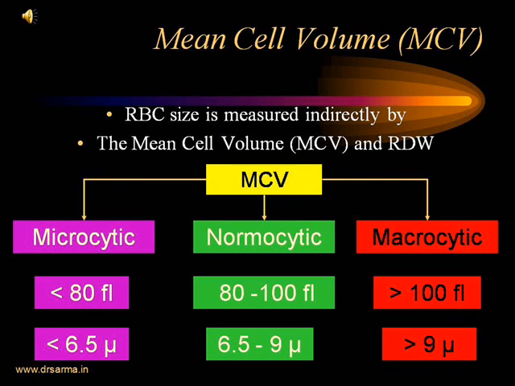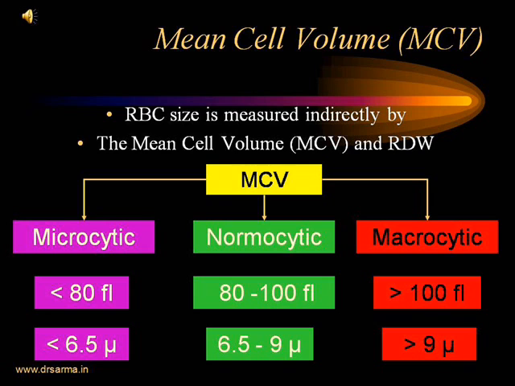Now, let us look at mean cell volume or MCV. The size of the RBC is indirectly measured by the mean cell volume and also by another measure called RBC distribution width, or also called RDW.